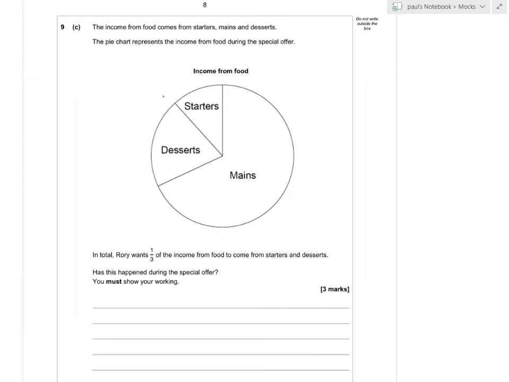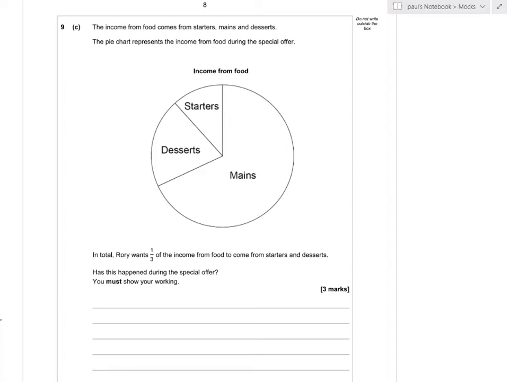Right, the income from foods. So let me find where I am on this. The income from foods, and we're on question number 9. Right, income from food comes from starters, mains and desserts. The pie chart represents the income from food during the special offer. Starters, desserts and mains.